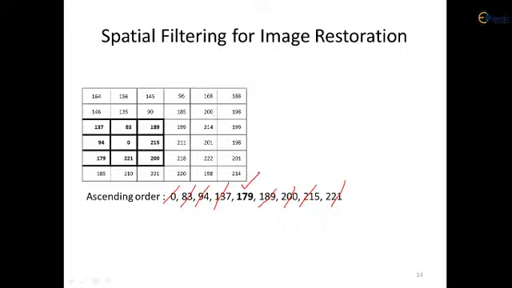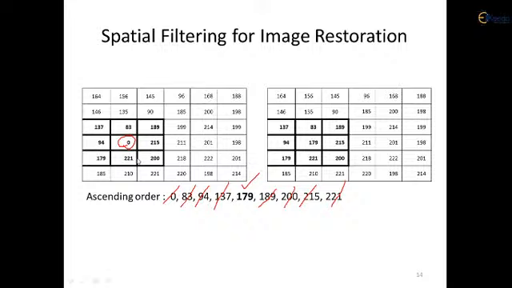So in this image sample, this will be the resultant pixel intensity, which is to be substituted in place of the 0, at the center of this neighborhood. Here we display the resultant image sample obtained by median filtering.